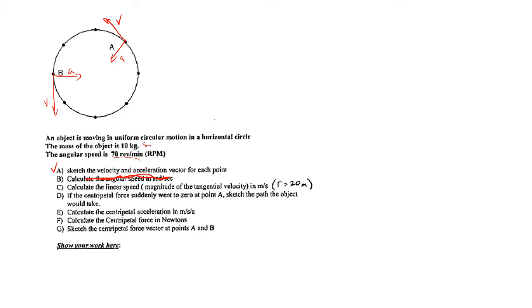Okay. So let's see here. If we've got 70 revolutions per minute, that means you could do 1/60th of that per second. So 70 divided by 60 is equal to 1.167 revolutions per second.